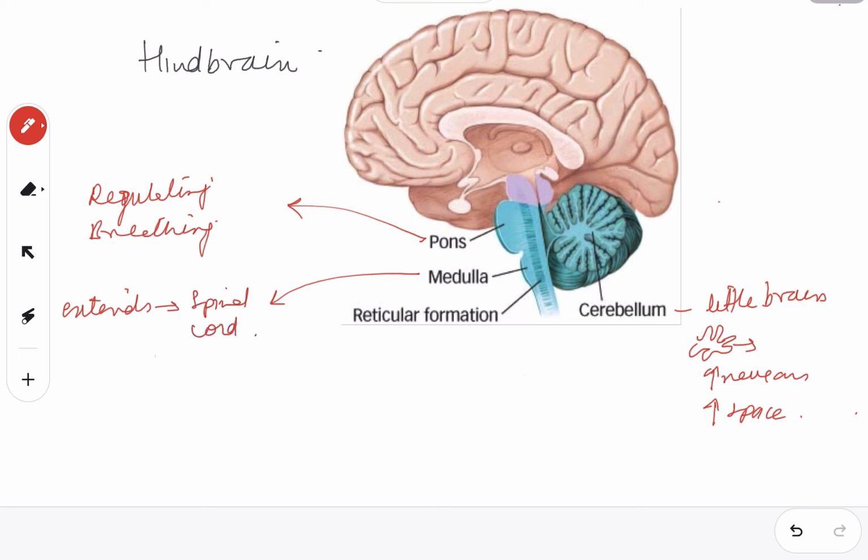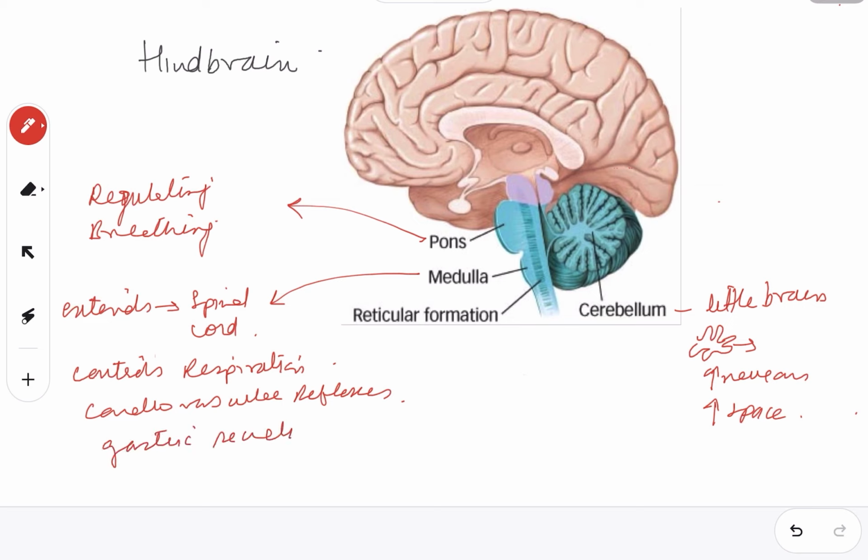It is the center which controls respiration, also the cardiovascular reflexes and the gastric secretions needed for digestion. So with this we come to the end of the functions and parts of the brain.